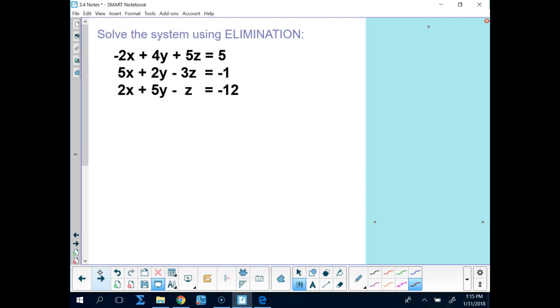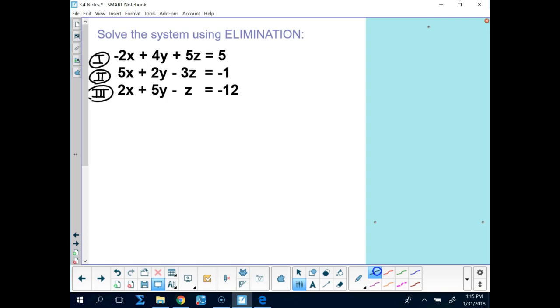Okay? So here are the steps for elimination. Before you even start, I would order, or organize, I think is a much better word, as into equation number 1, equation number 2, and equation number 3.